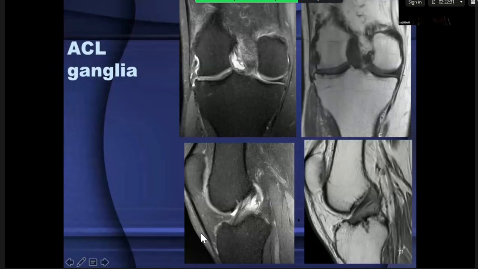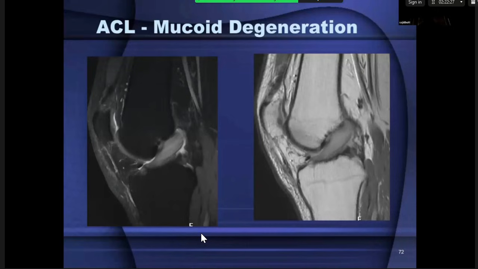It may or may not be present in the joint. In this case, obviously, it's within the knee joint. Mucoid degeneration is a slightly related thing. You can call this a celery stick as well. It's just a swollen appearance of the ACL with mucoid, bright signal intensity with low signal fibers running through. That's not a tear.